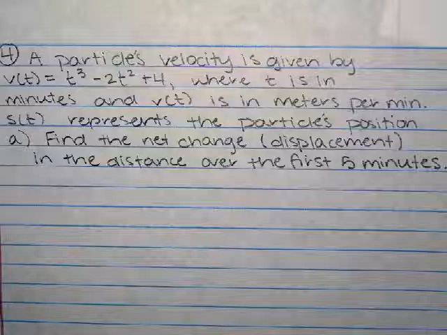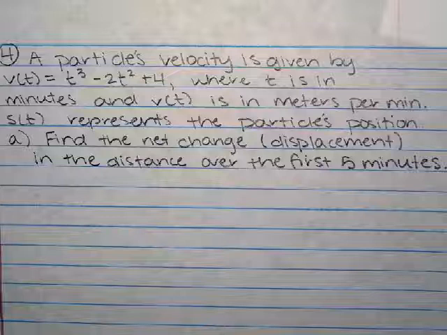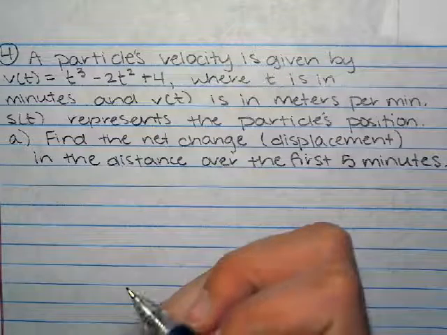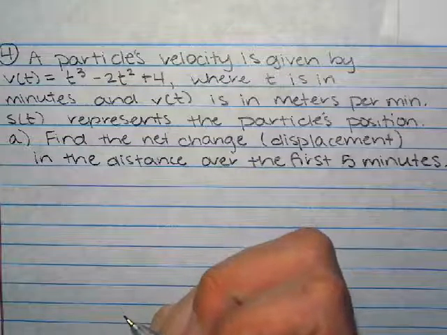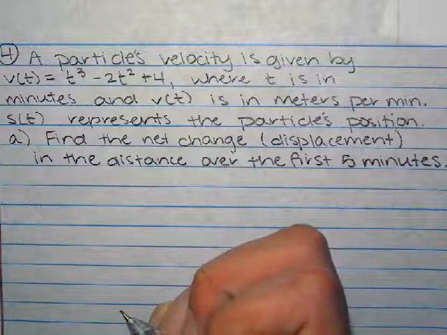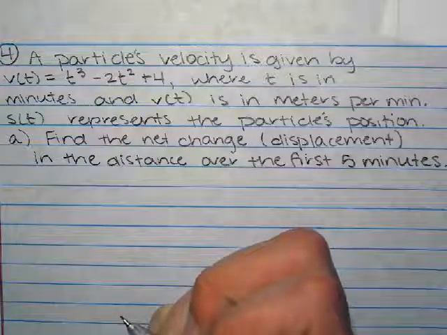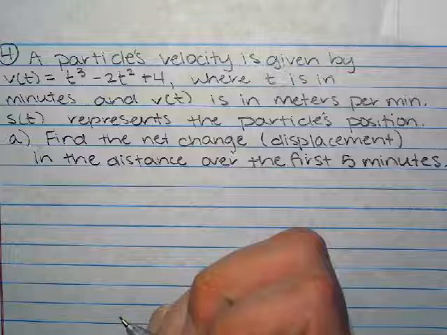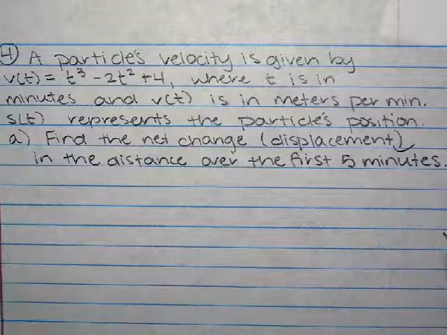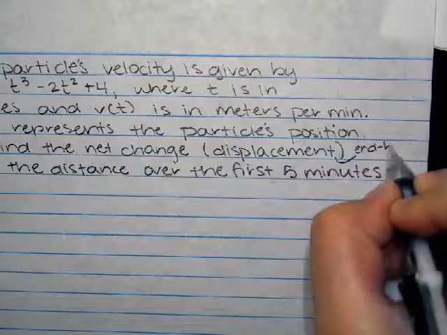So how do we find the net change over the first 5 minutes? What's the difference between displacement versus total distance traveled? Displacement is just end minus beginning.